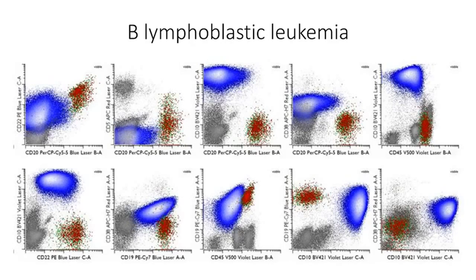CD10, brightly positive, abnormally bright, in fact, brighter than what we would see in normal B cell precursors. We have weak CD45 as expected. Again, here's the weak CD22. Here we have nice co-expression of CALA along with CD19 and CD38. So in a precursor lymphoid neoplasm, the tube also seems to be effective. Next slide, please.